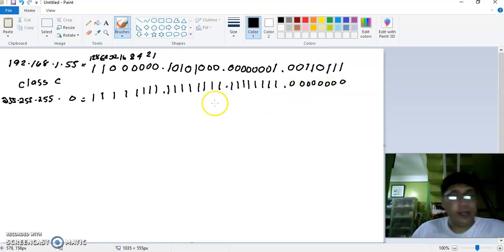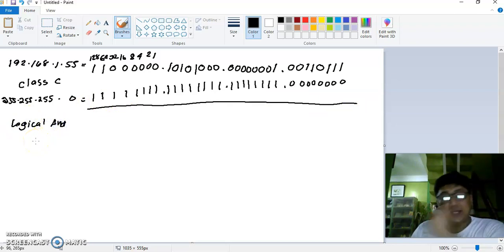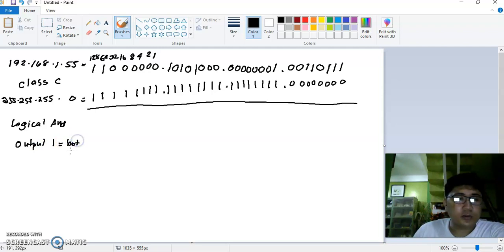Now, in order to get the range, you use the logical AND. As we discussed last meeting, with logical AND the output will only be 1 if both inputs are 1.